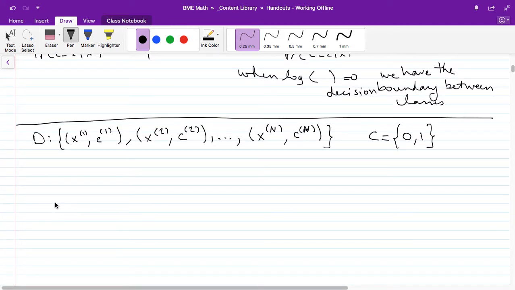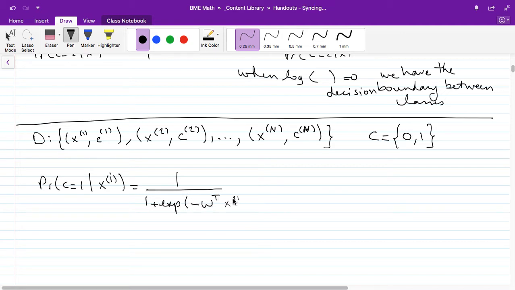And the posterior probability of belonging to class 1 given some data, we wrote as a logistic function, with a minus sign, w transpose x_i. That's Q: the logistic function's posterior probability, we're going to label it as Q, and we know the shape of this function.